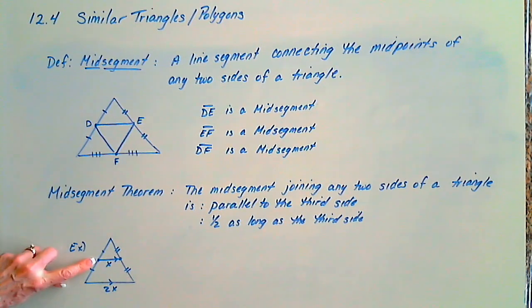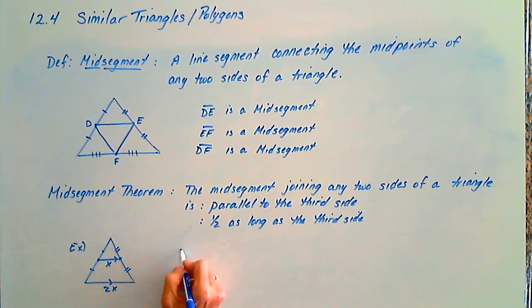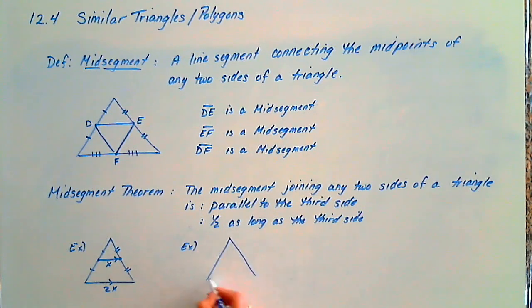Or the midsegment is half as long as the third side. So if I give you something with some numbers, just to give you the idea, here's our midsegment, which means these side lengths are cut into two congruent pieces, as well as the other two sides. If, for example, this is 7, this parallel side must be 14.